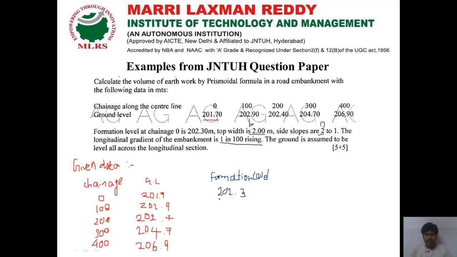So from the formation level 202.3, for every 100 meter the height gets increased by 1 meter. So here it is 203.3. Here it is 204.3.